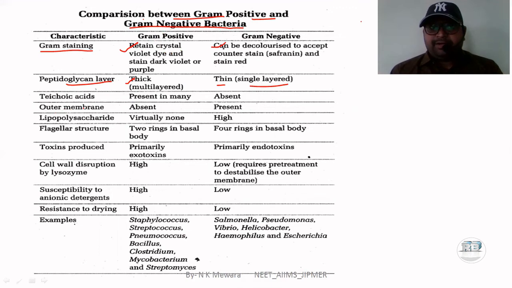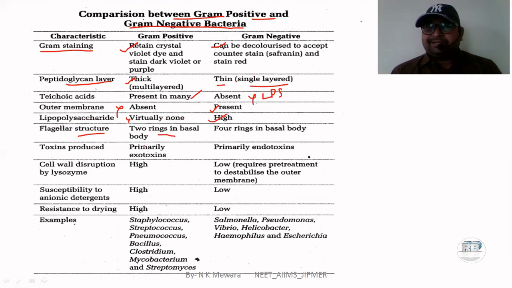Teichoic acid is present in Gram positive and absent in Gram negative. We already know about LPS, lipopolysaccharide. The outer membrane is absent in Gram positive and present in Gram negative. Lipopolysaccharide is normally absent in Gram positive and present in Gram negative.